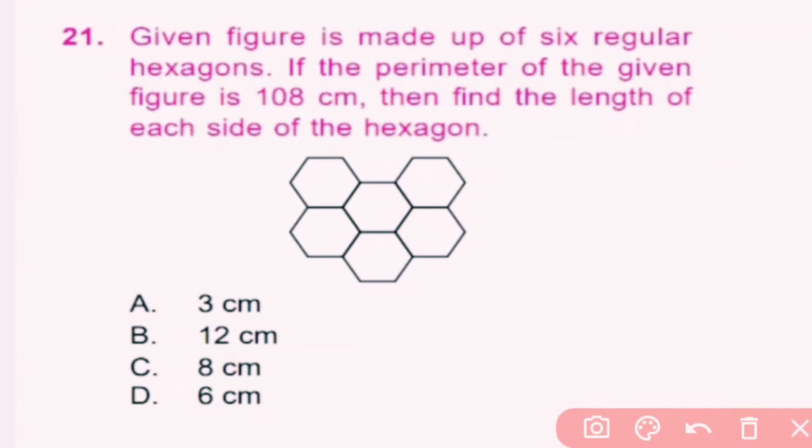Question number 21. The given figure is made up of 6 regular hexagons. If the perimeter of the given figure is 108 cm, then find the length of each side of the hexagon. Regular hexagons means all sides are equal, and the perimeter of this figure is 108. Perimeter is the sum of all these outer sides.